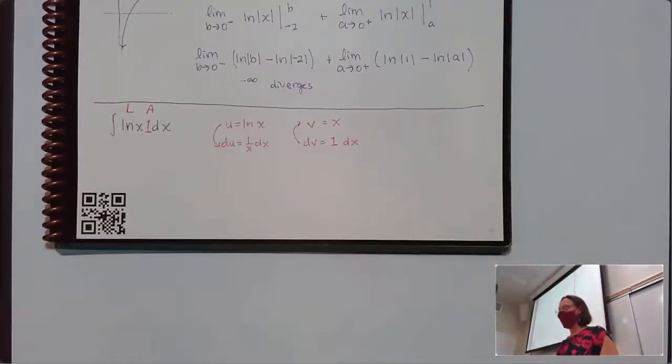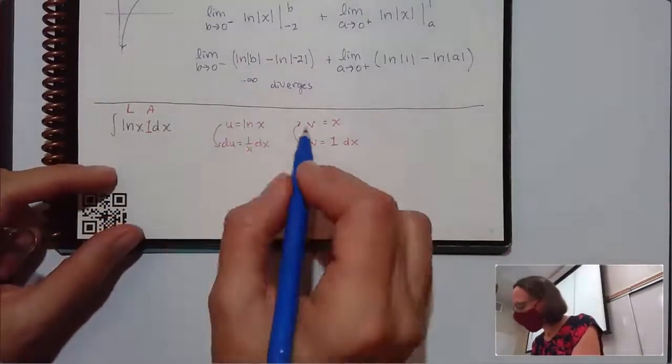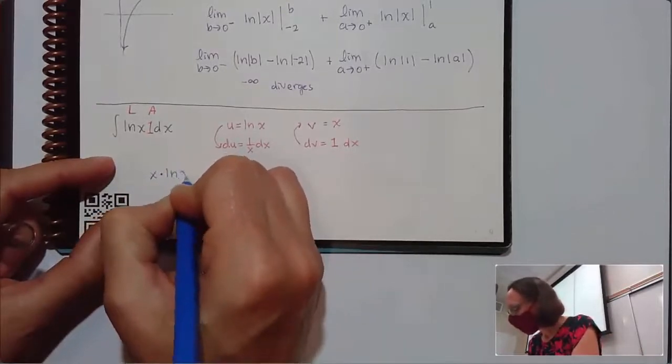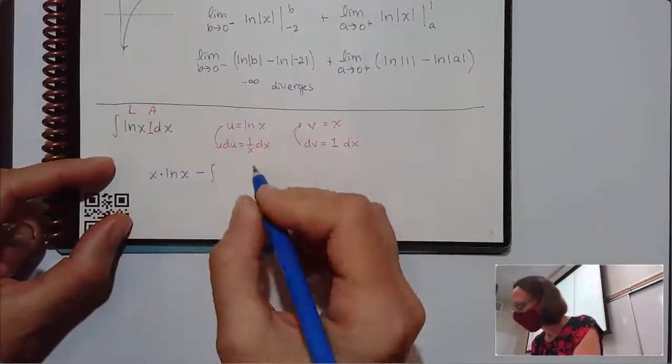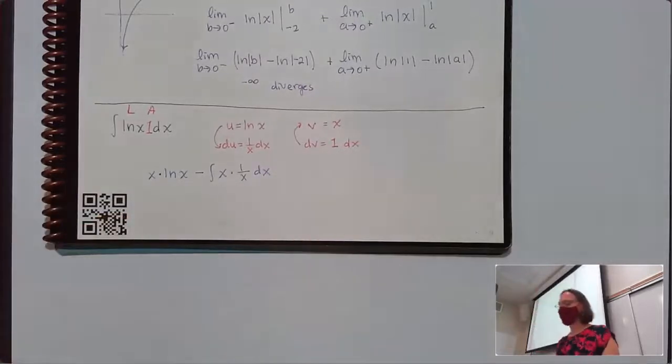And when we write out our ultraviolet voodoo, we end up with x times natural log of x minus the integral of x times 1 over x dx.